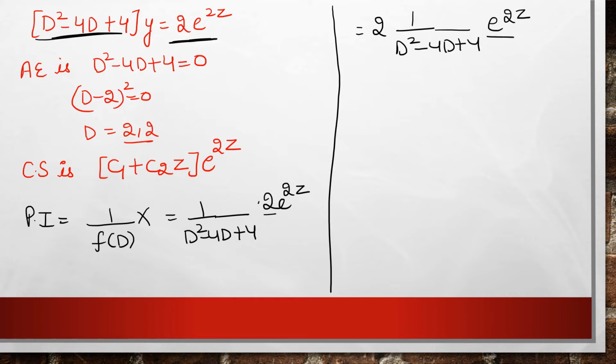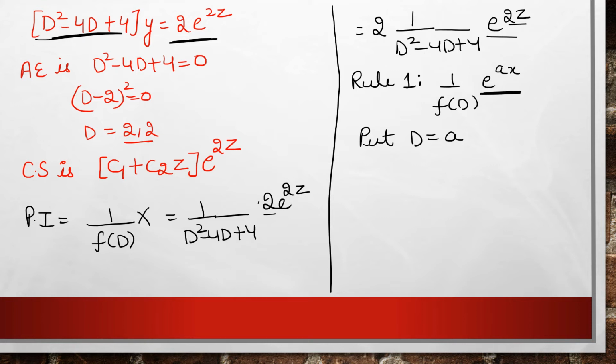Because we have e power 2z, we'll apply rule number 1. What was rule number 1? If you have e power ax type of function, then in order to get the particular integral, put D equal to a. Now what is my a? a is 2 here, right? So put 2 here, and what you get is 1 over (2 square minus 4 into 2 plus 4).